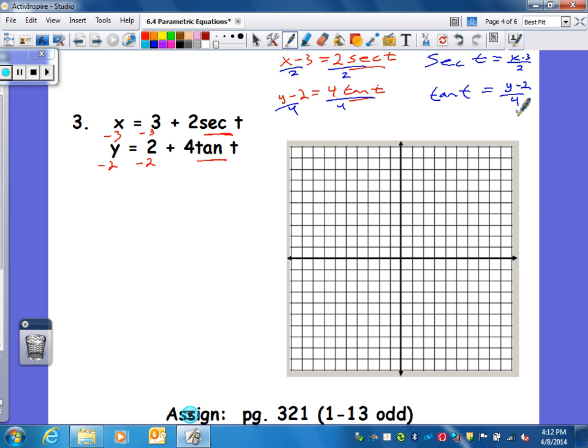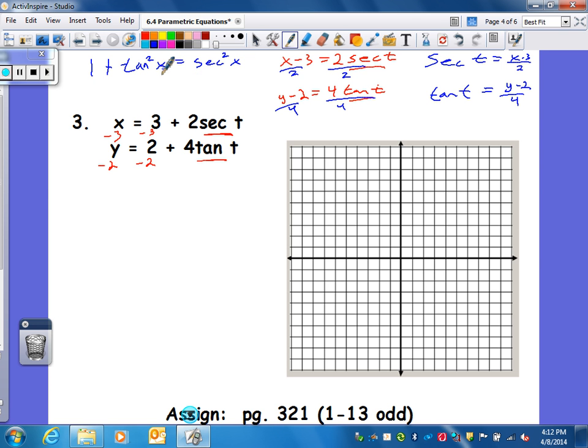And once again, we're just taking what we know, but this time we have secant and tangent. So we want to look at our formula sheet, and we know that 1 plus tangent squared is equal to secant squared.